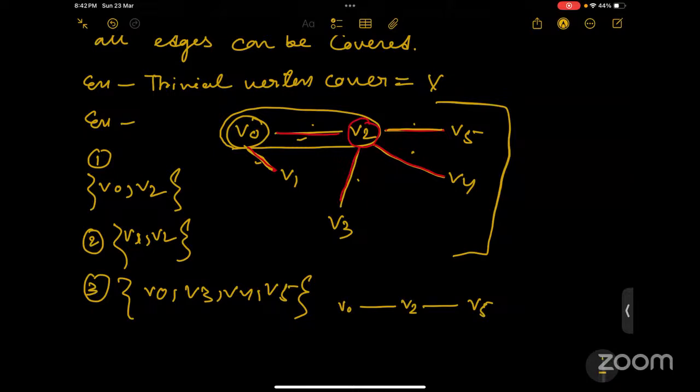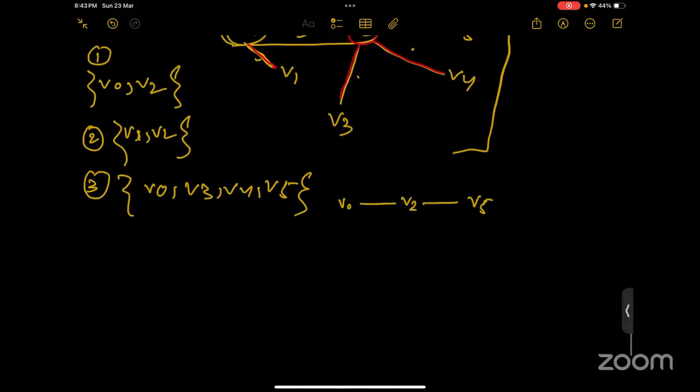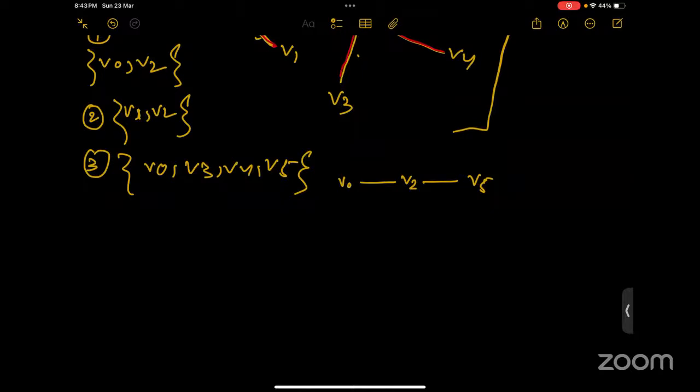So we again have several possibilities. If this is our graph, our aim is to cover all the edges. We have only two edges. If I take only V2, it will cover the two edges.